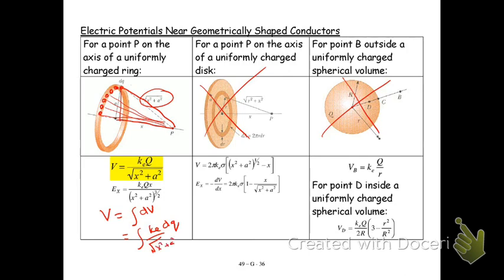Well, KE is a constant, and x squared is a constant, and a squared is a constant, so this equals KE over the square root of x squared plus a squared times the integral of dq. And the integral of dq is big Q, so this is KE big Q over the square root of x squared plus a squared. It looks complicated, but it's not. That's all you need to know on that one. Don't worry about these other things.